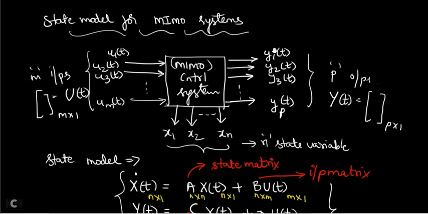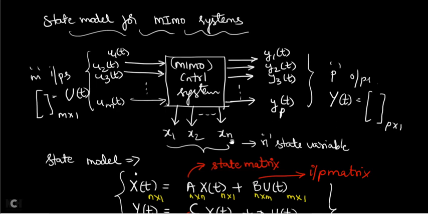And instead of one output you have P number of outputs, Y1, Y2, Y3 up to YP. What is the size of the input? M rows, 1 column. What is the size of the output y of t? P rows and 1 column. M is the number of inputs, P is the number of outputs.